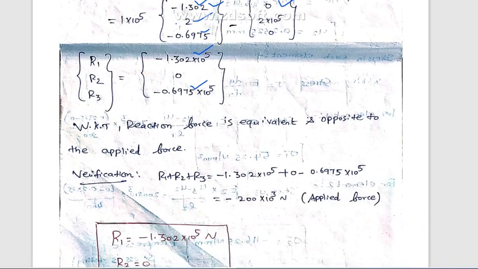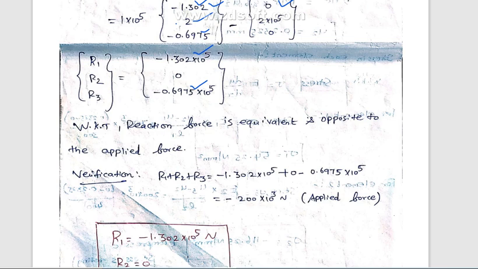So finally, the reaction force at nodal point 1 is minus 1.302 into 10 power 5 and the reaction force at the other point is minus 0.6975. You add these two values and finally you get the same value. What is the same value?